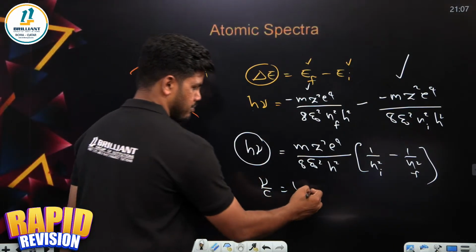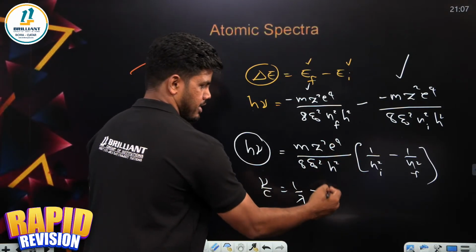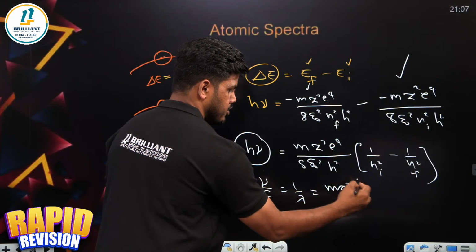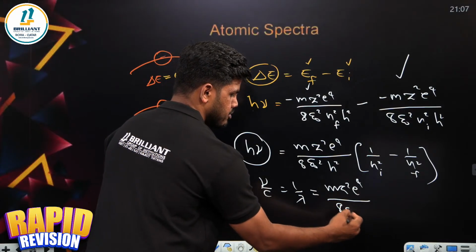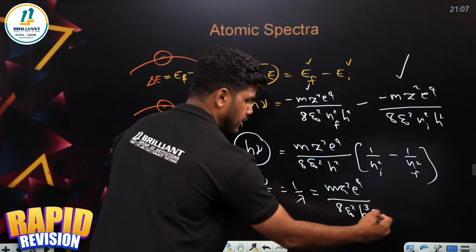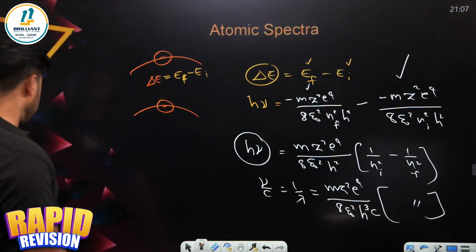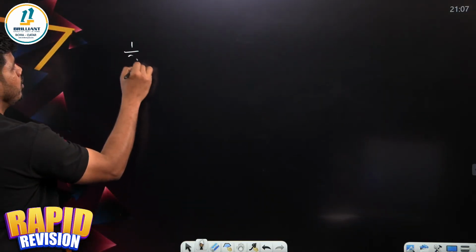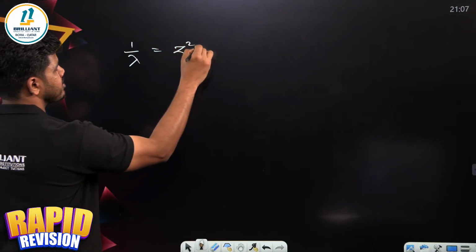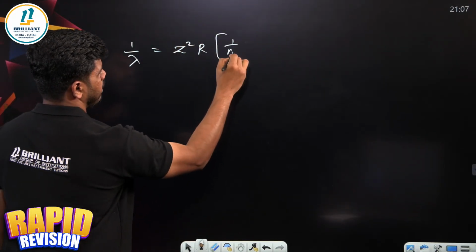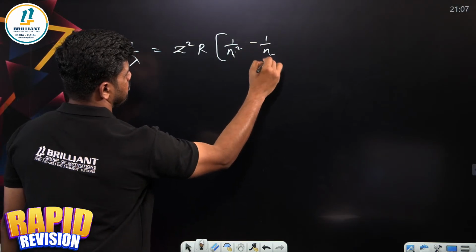That 1 by lambda was like m z square e raised to 4 divided by 8 epsilon 0 square h cube into c into 1 by n_i square minus 1 by n_f square. That equation finally simplified into 1 by lambda is equal to z square R, 1 by n_i square minus 1 by n_f square.